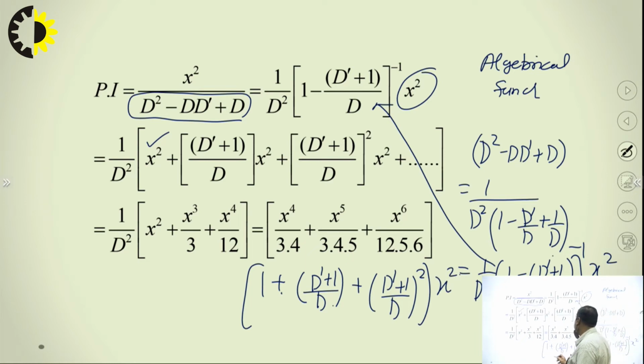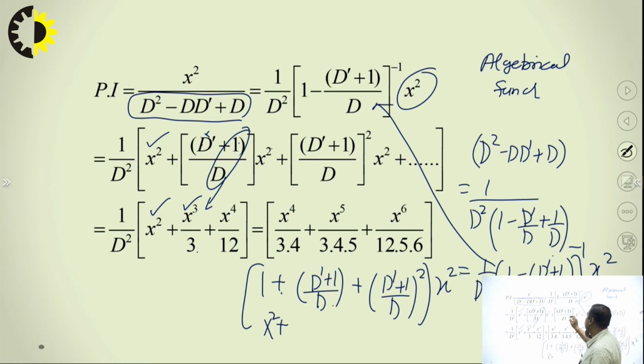And after multiplication, x square is the first term, and D dash plus 1 upon D into x square. D dash means differential with respect to x. This term is useless, because it is differentiable with respect to y. But here 1 upon D means integration. So x square becomes x cube upon 3. 1 upon D term gives x cube upon 3.